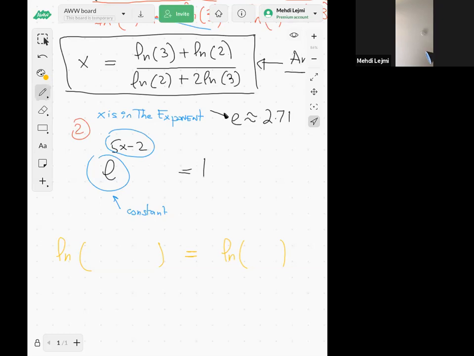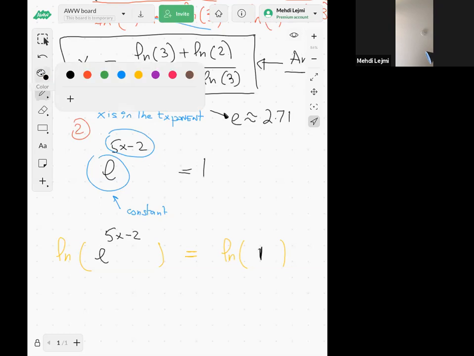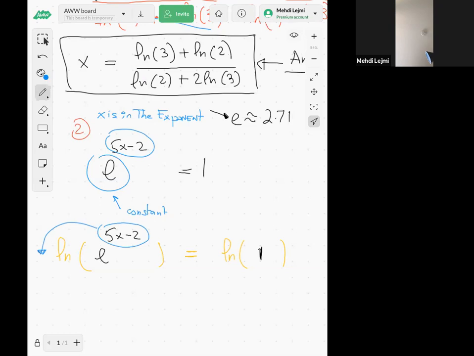Just apply natural log. So in this case, left side, of course, it's e to the 5x minus 2, and here it's 1. Now, again, we are applying log, so this power is going to be in front of the log. So we're going to have 5x minus 2 times natural log of e equals natural log of 1.